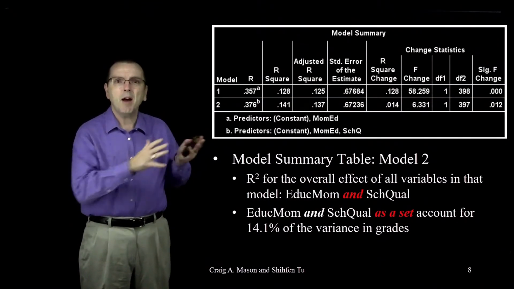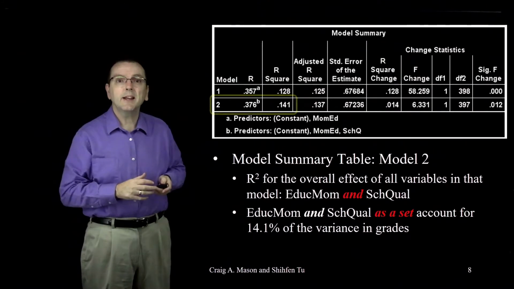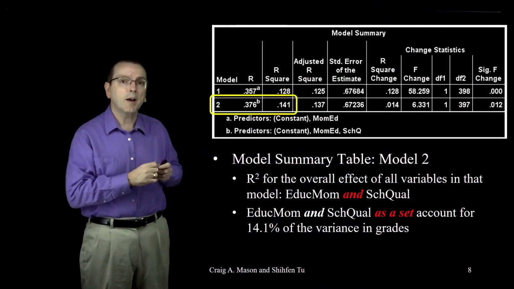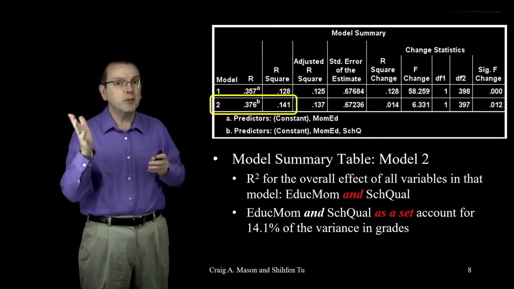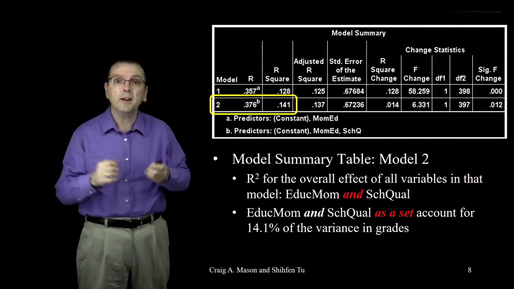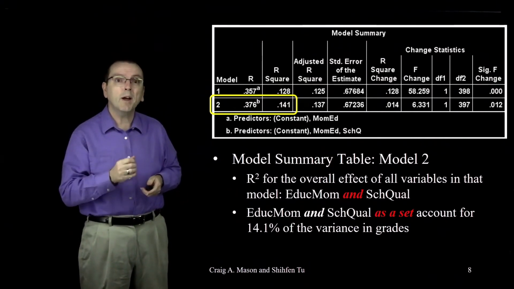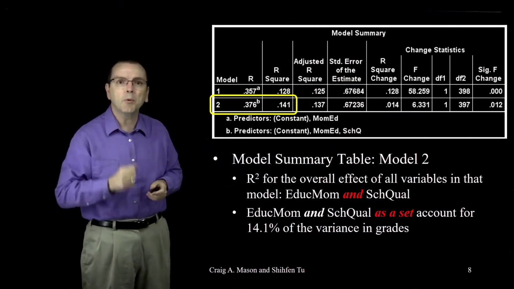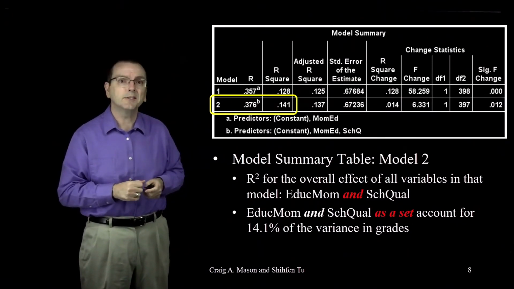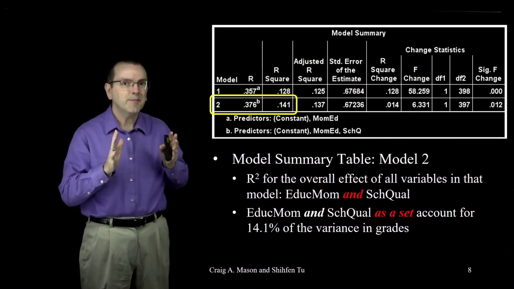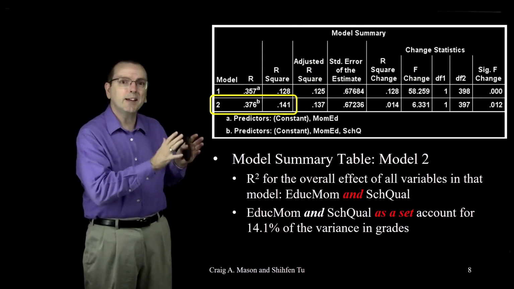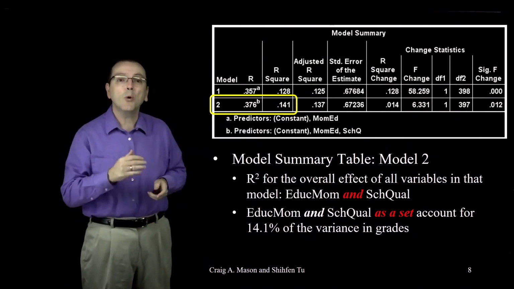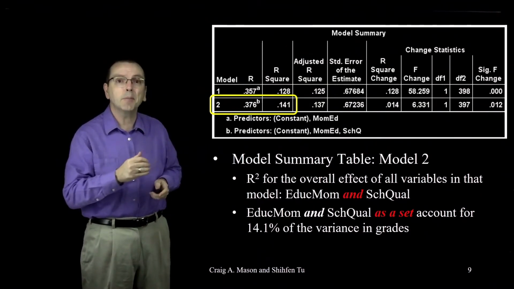Similarly, in the model summary table, we see that the total R-squared for Model 2, including both mother's education and school quality, is 0.141, or the set of both variables accounts for 14.1% of the variance in grades. But again, in the model building phase, we're really not interested in the total R-squared at each step.